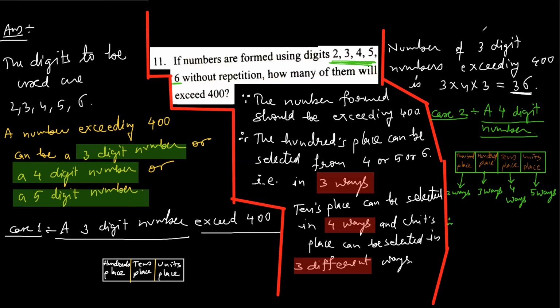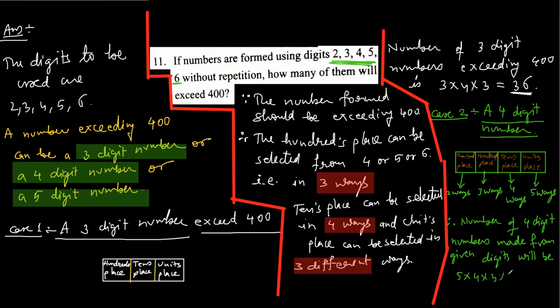Therefore, the total number of 4-digit numbers made from the given digits will be how much? 5 into 4 into 3 into 2.